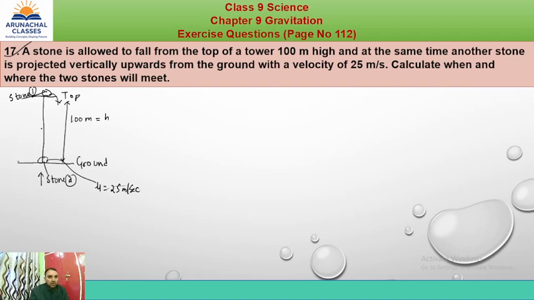Let us consider both the stones will meet at this position P. For stone 2 the distance where it meets stone 1 is x meter, and the distance for stone 1 will be 100 minus x meter.